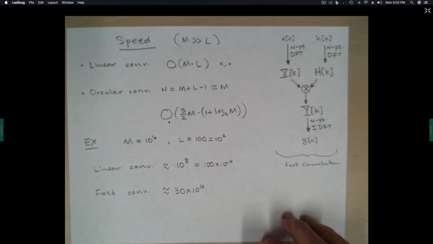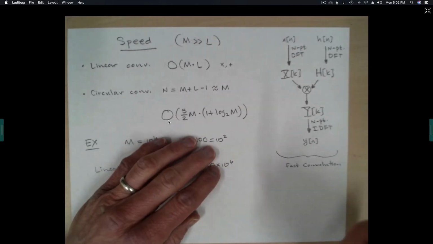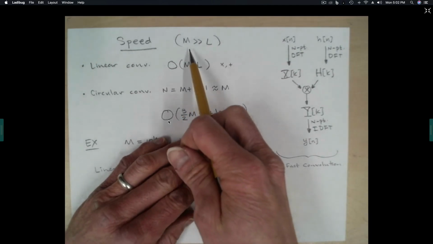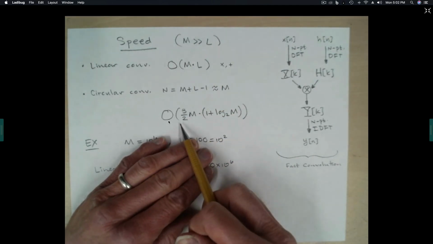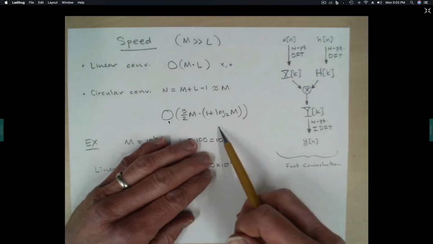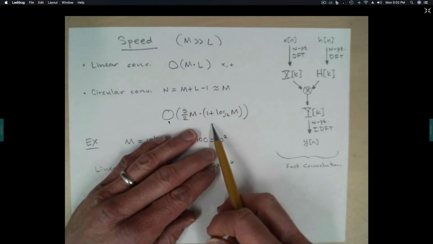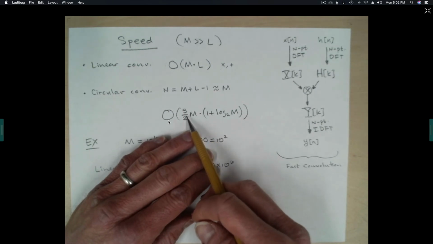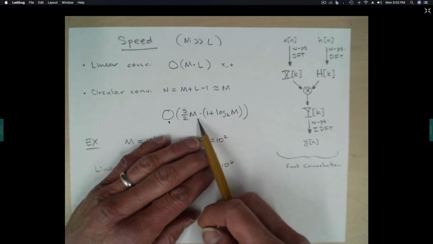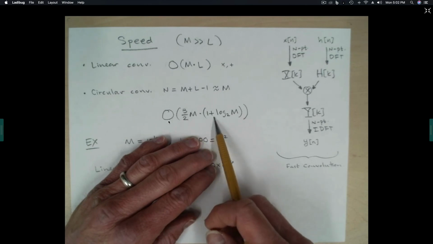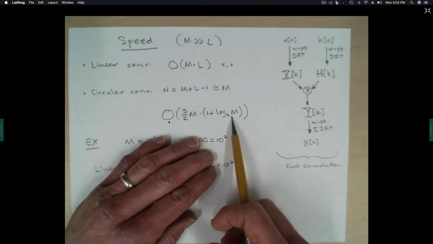And if we just calculate the numbers here, for circular convolution, again assuming that M is much bigger than L, I've done a quick calculation to find that the number of multiplies and adds here is approximately equal to 3/2 times M times 1 plus the log base 2 of M.